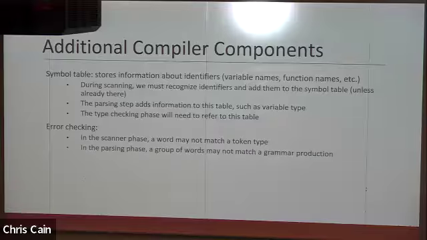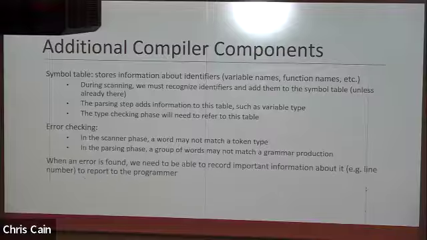In parsing, there may be some sequence of tokens that don't match a production, in which case the language's grammar has no ability to actually produce the program. And it would be nice if we could do something intelligent when we do find an error: record some important information about it and report that back to the user.